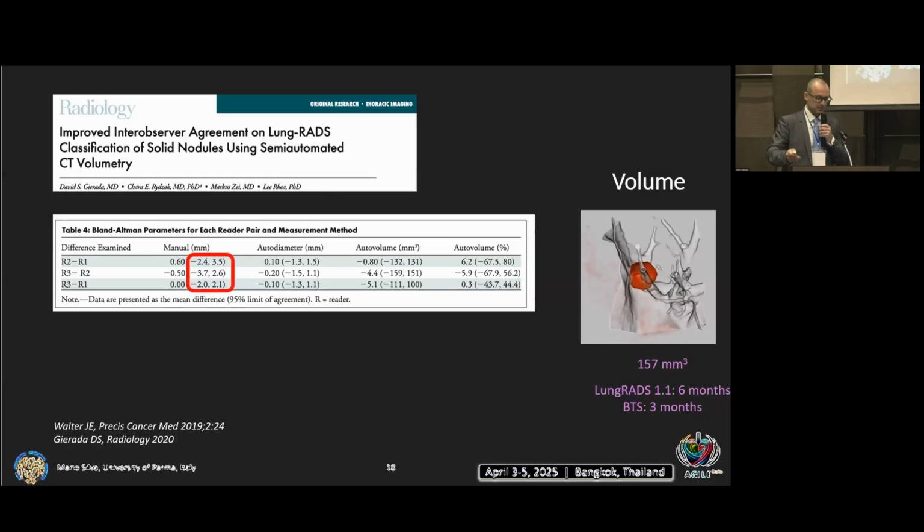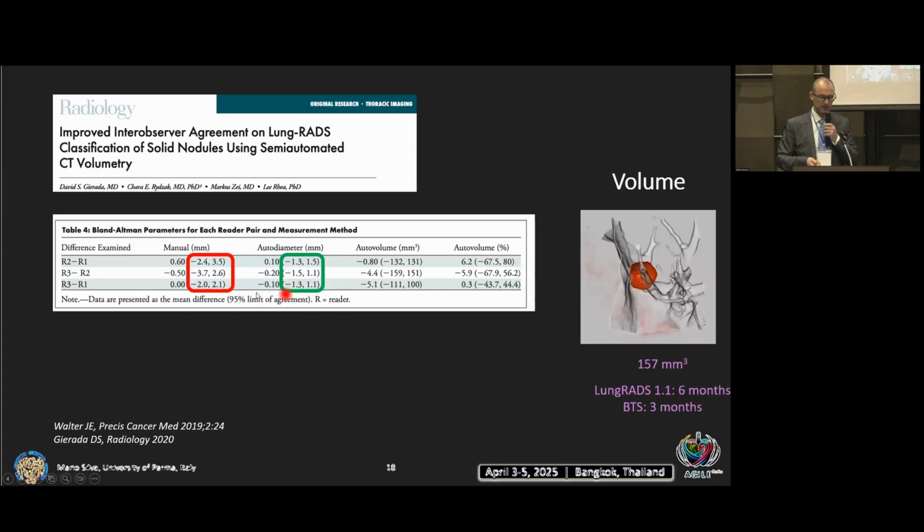Let's put it in practice and see what is the variability when we use lung grafts and high quality low-dose CT for measuring lung nodules. So if you take a look at the interval of variability when you use manual millimeters as compared to automated diameter, this is the direct comparison that we can go through.